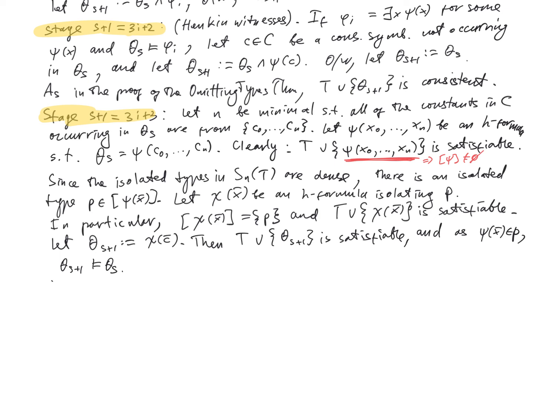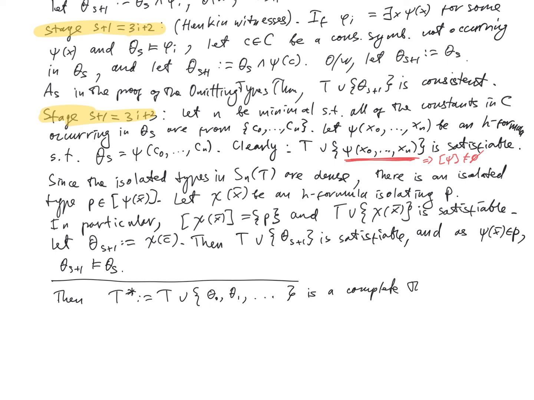This concludes the inductive step of the construction. Now, as in the proof of the omitting types theorem, we conclude that the theory T star obtained by T together with all these sentences, theta 0, theta 1, etc., is a complete theory with Henkin witnesses in C.